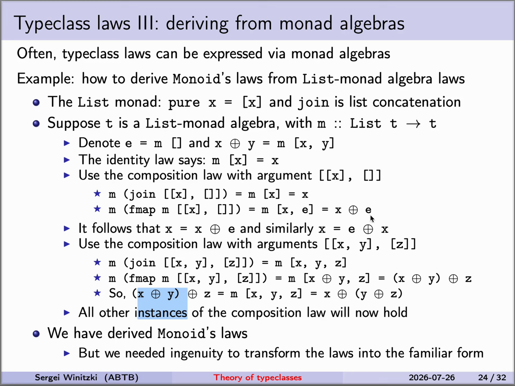So the identity law and the composition law of the monad algebra are now satisfied. There are no more monoid laws that you derive from them. You need to prove, of course, that you haven't missed any more laws. I will not show that proof now, but it seems to be intuitively clear.